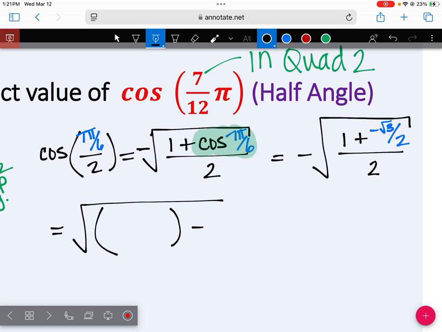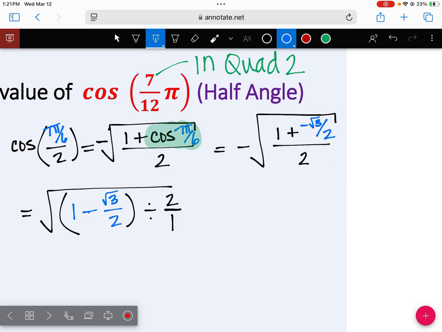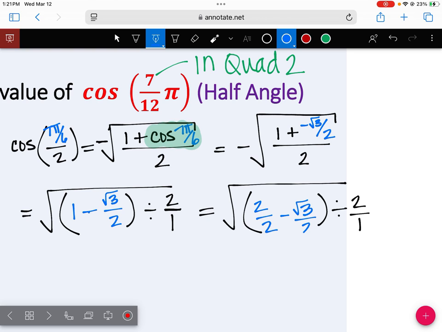In my numerator, it would be 1 minus root 3 over 2, and my denominator is just 2 over 1. So we need to write this as a common denominator. So that would be 2 over 2 minus root 3 over 2.